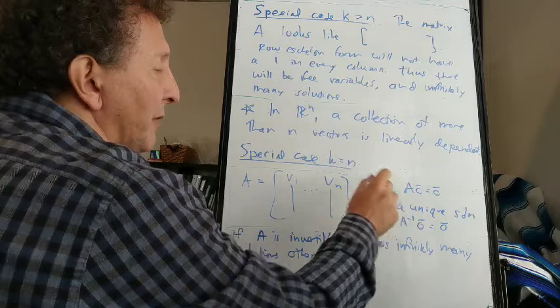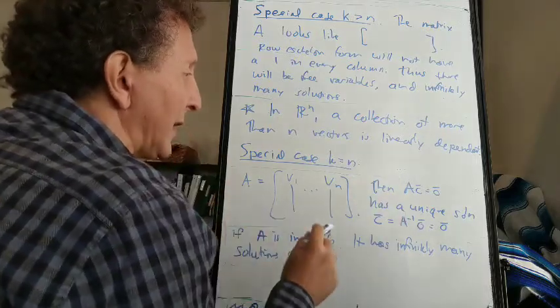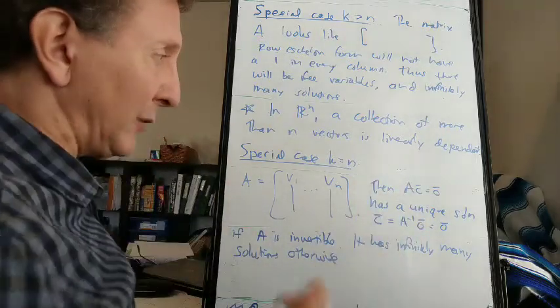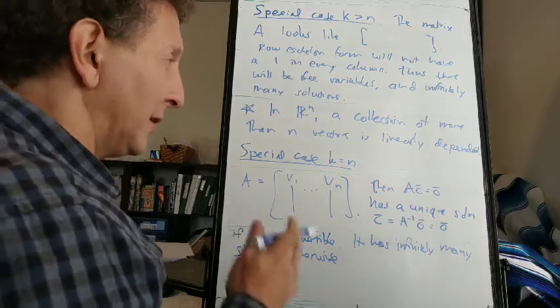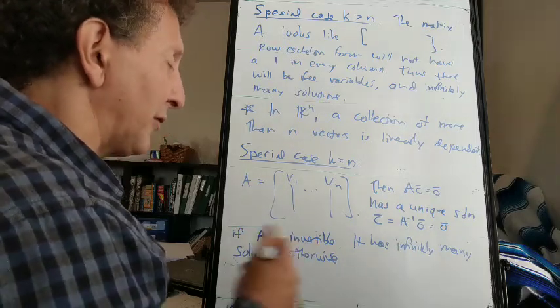Because if it's not invertible, then when we do row reduction, we're going to get a row of all zeros at the bottom, at least one. And then that means there's going to be some columns that don't have ones in them, and therefore some free variables.